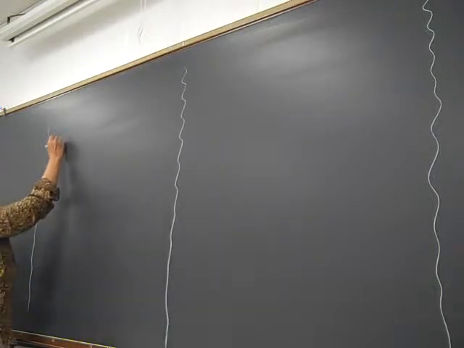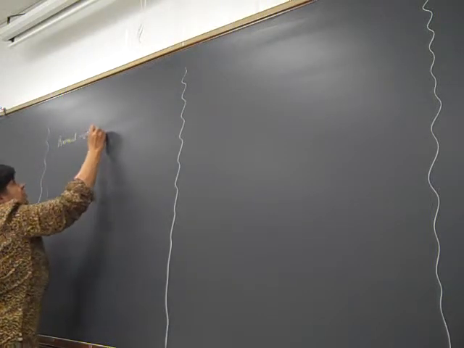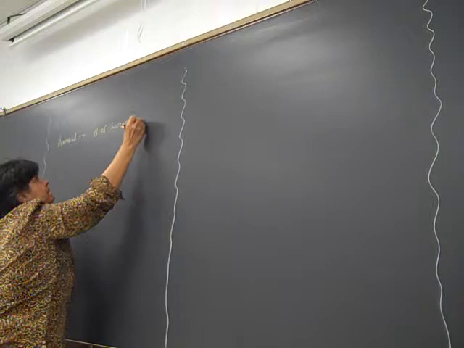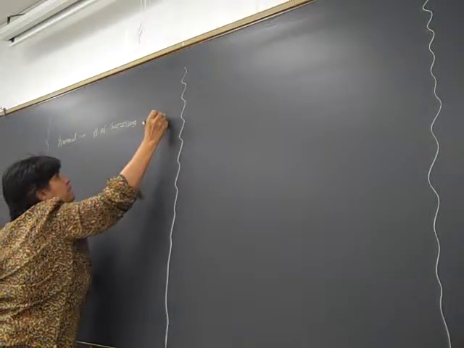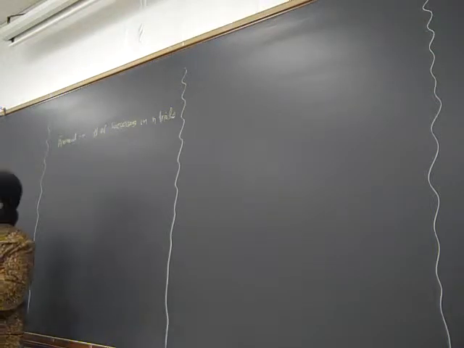So the binomial is going to tell you the number of successes in n trials. Okay? And you know what the probability is?